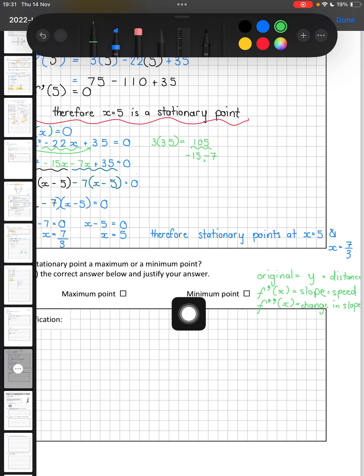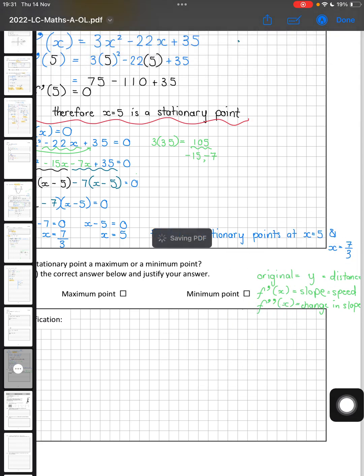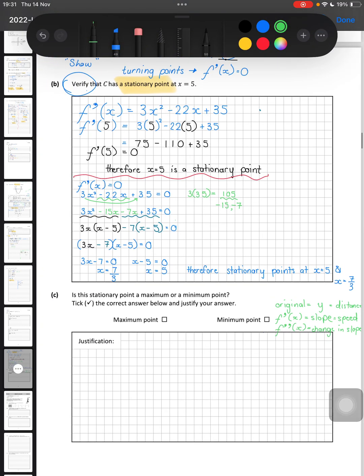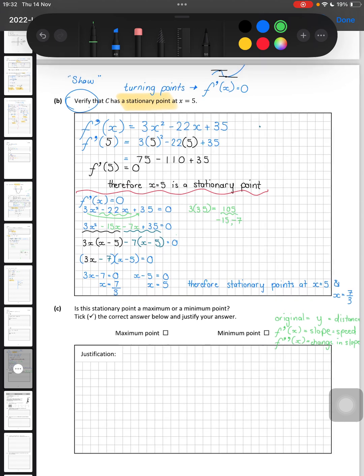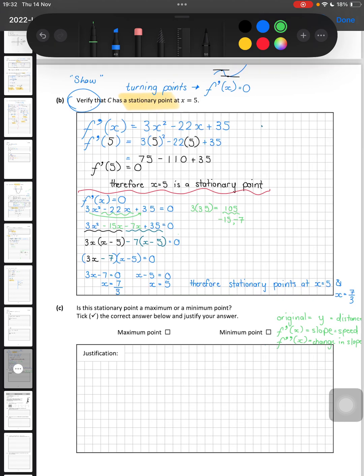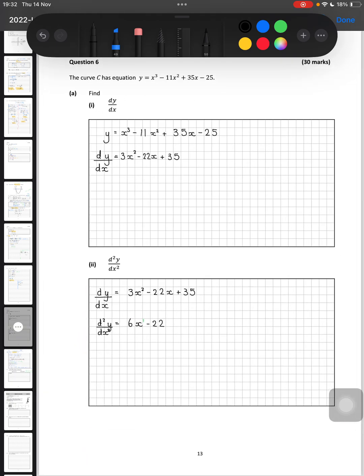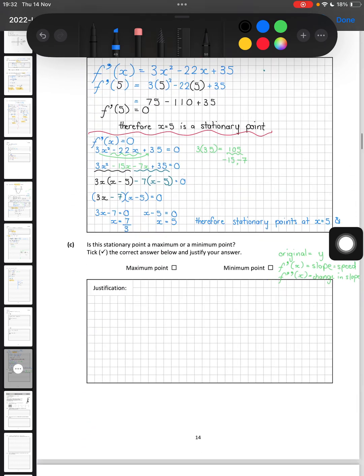So here, if I want the matching y coordinates for each of these, which of the types of equations do I use? I use the original. My original equation, I have to go back to get it. So go back to part A here. y is x cubed minus 11x squared plus 35x minus 25.